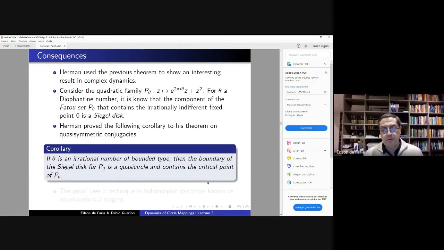Well, why is that? Because of the method of the proof, which uses quasi-conformal surgery. The idea is that you start with a Blaschke product, pretty much the Blaschke product that I gave as the first example in the first part of this lecture.